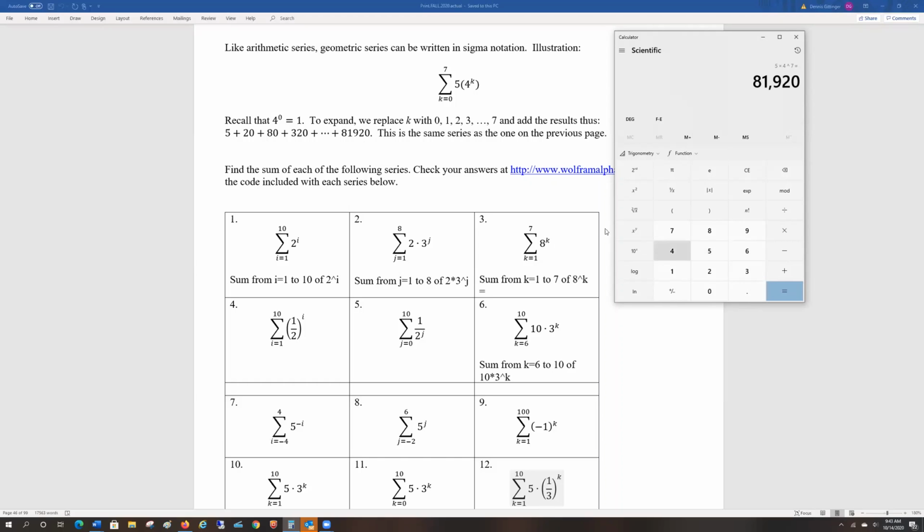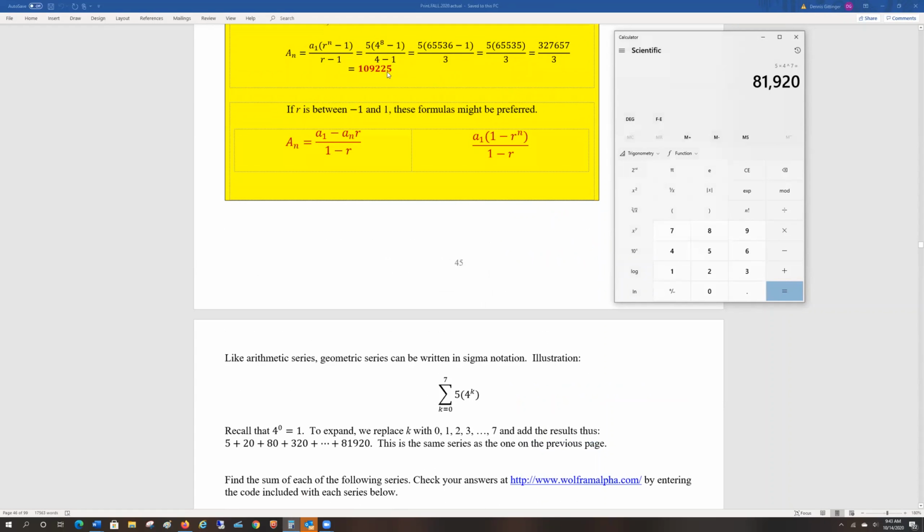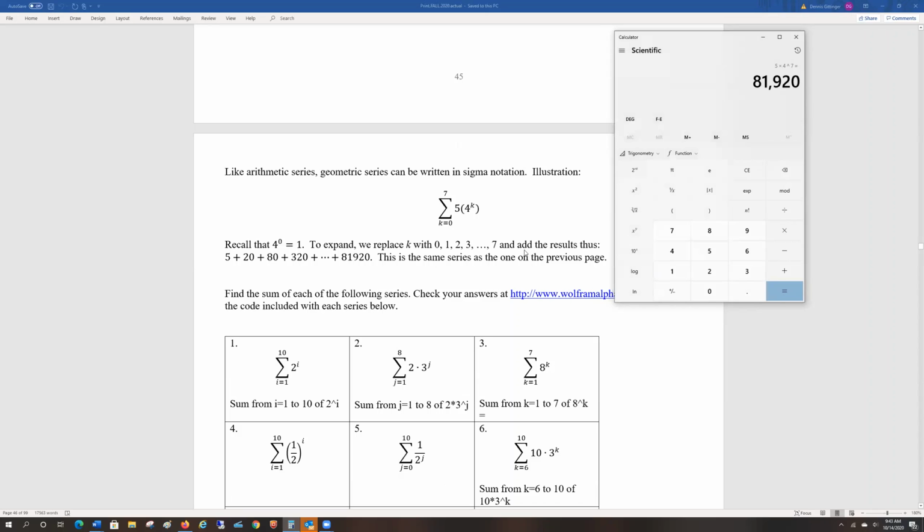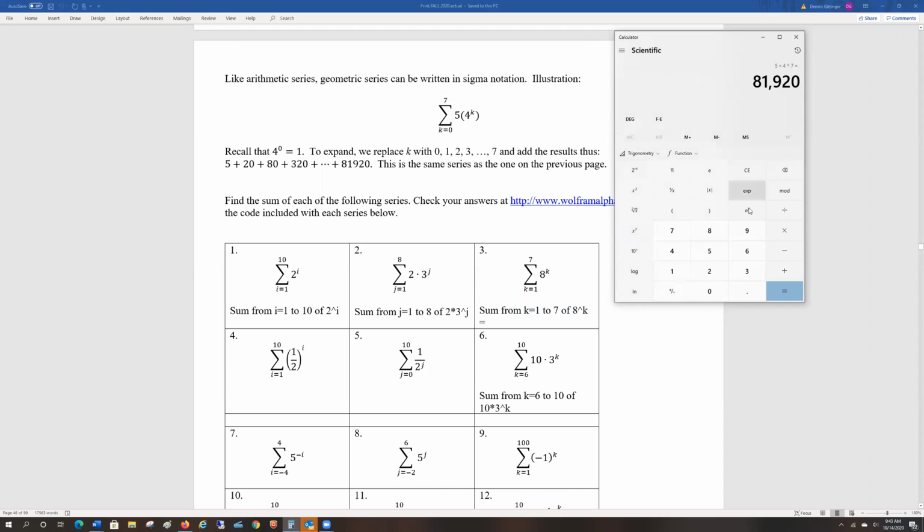So there it is. Now I go back to the formula, which says multiply that by the multiplier, then subtract the first term. Again, the multiplier is 4, so I'm going to multiply that by 4. And then I can just say minus, because it's going to multiply before it subtracts. I'm going to subtract the first number, which is 5. Now I've got to say equals, because if I say divided by, it's going to divide 5 by something.